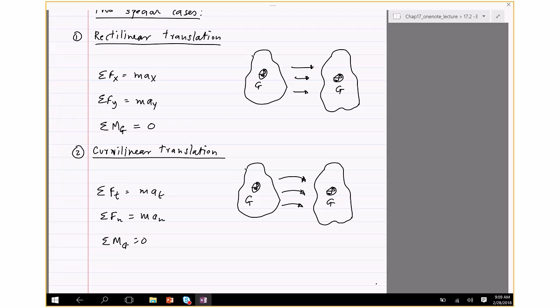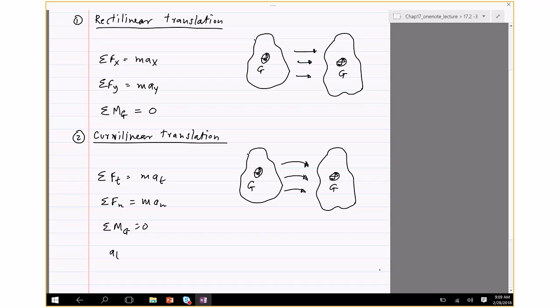So a_t is omega square r, and a_n is alpha times r.